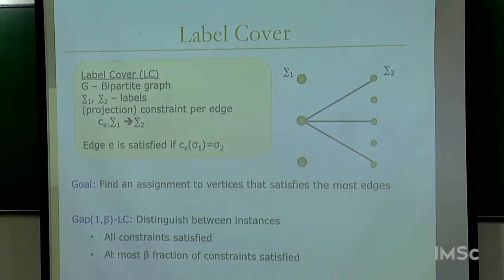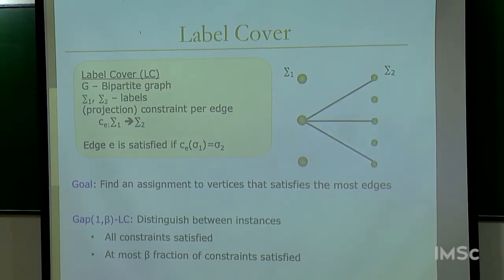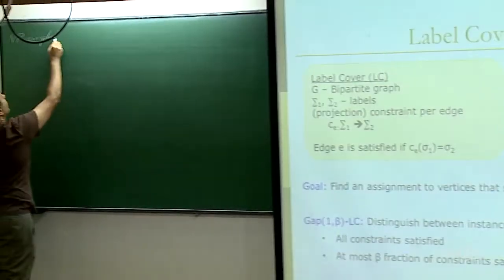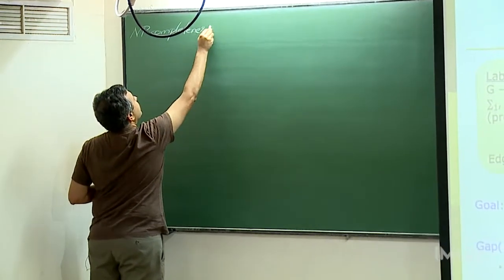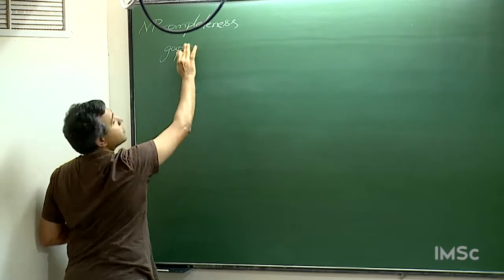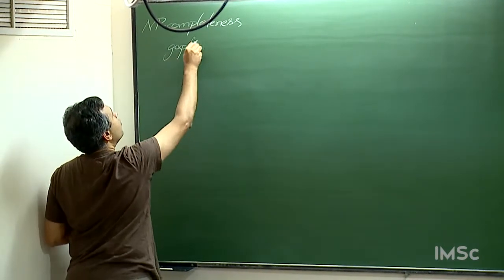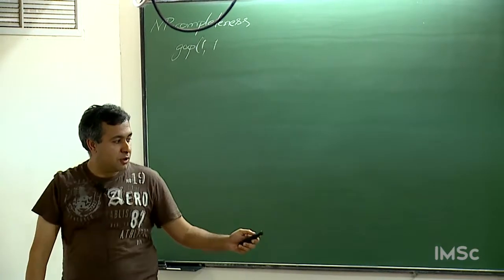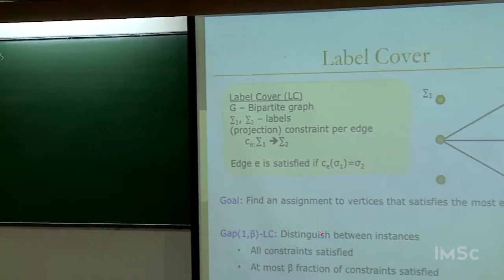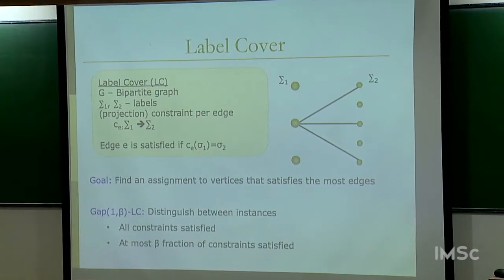So what do we know about this problem? Standard NP-completeness tells us that distinguishing between things which are perfectly satisfiable and not perfectly satisfiable is NP-complete.